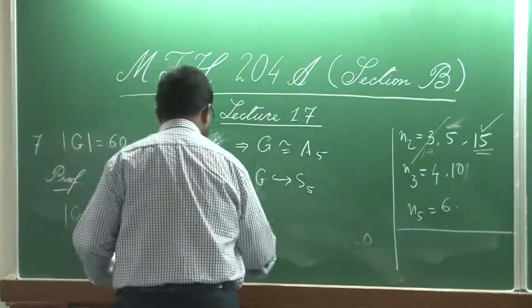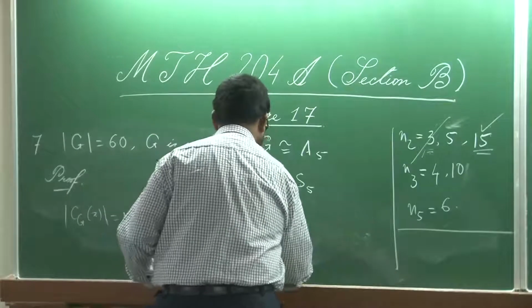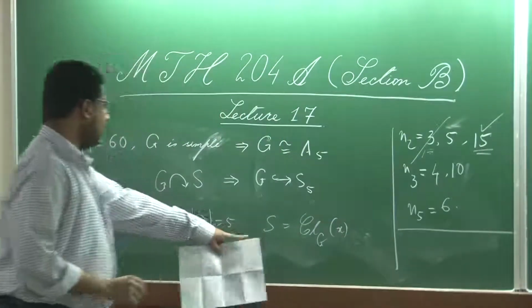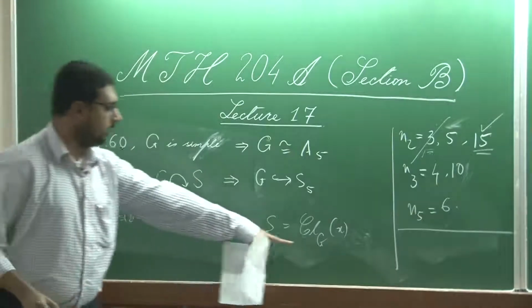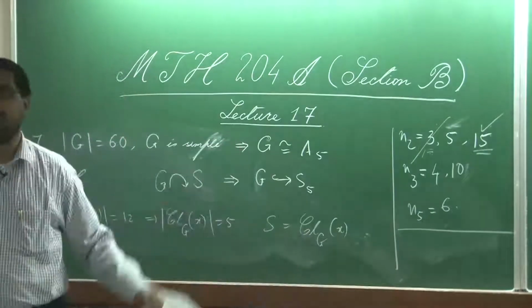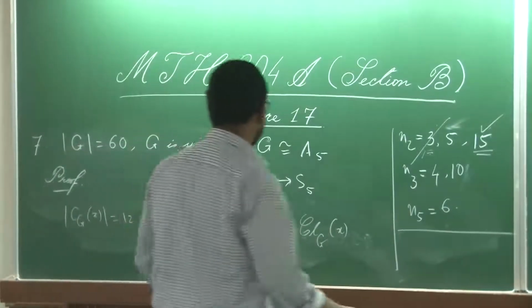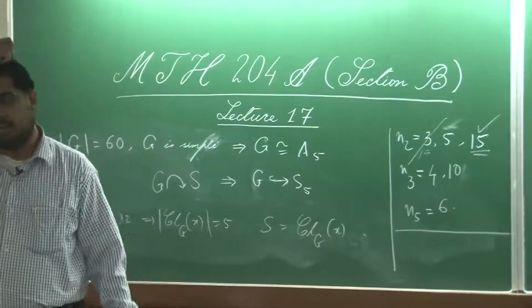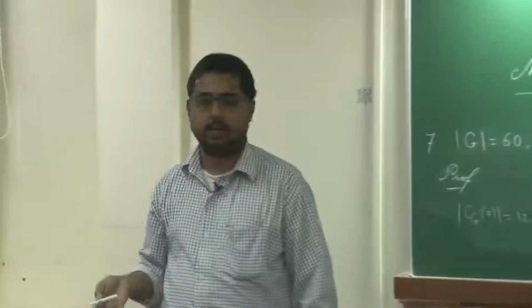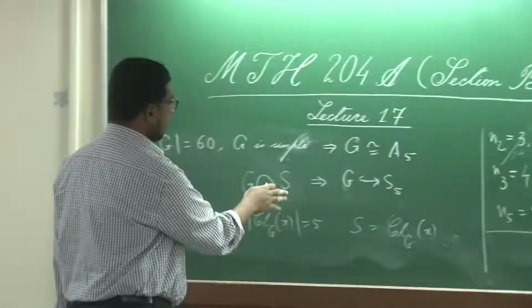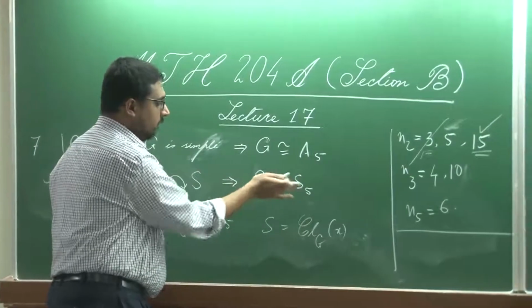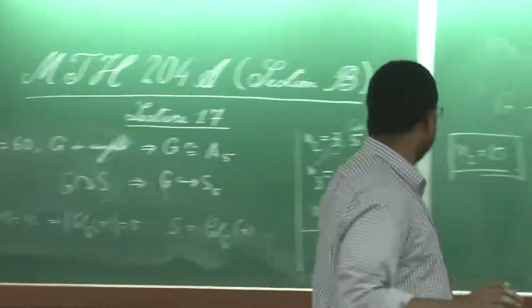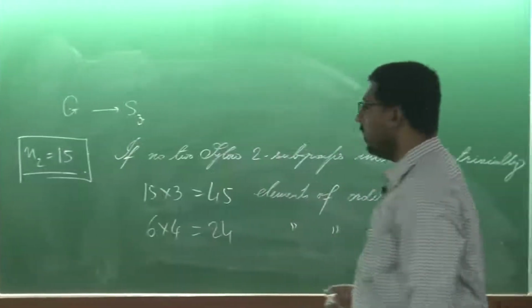So, let S be the conjugacy class of X in G. On this conjugacy class we have a transitive action, it consists of 5 elements. As we have argued earlier, we will obtain an injective homomorphism from G into S5. Now, the only normal subgroup of S5 having order 60 is A5. Therefore, that injective homomorphism establishes a bijection between G and A5. That finishes the proof.